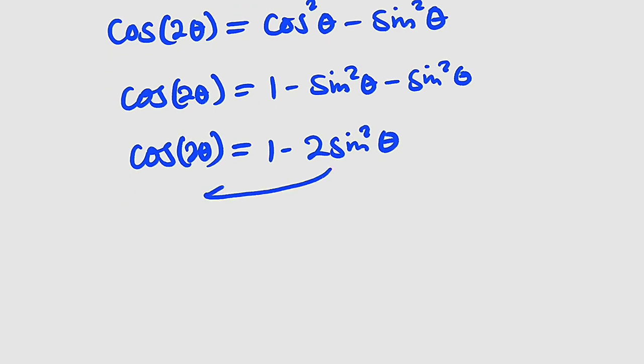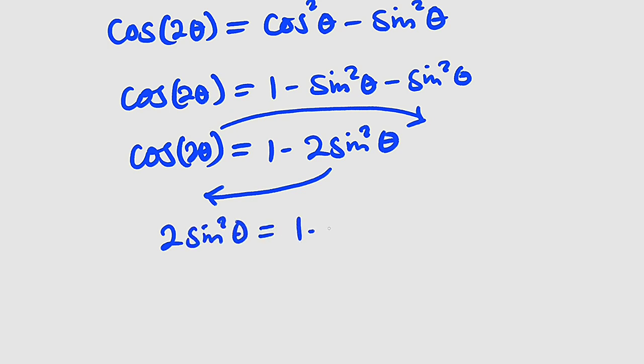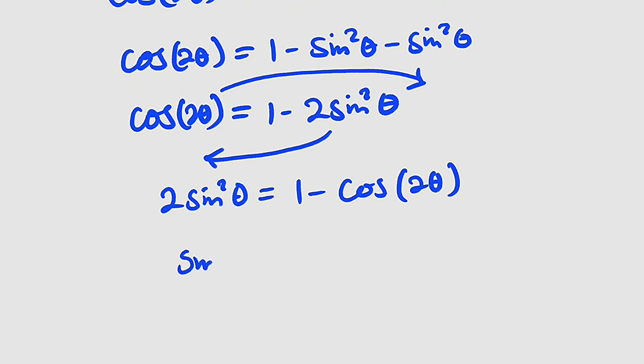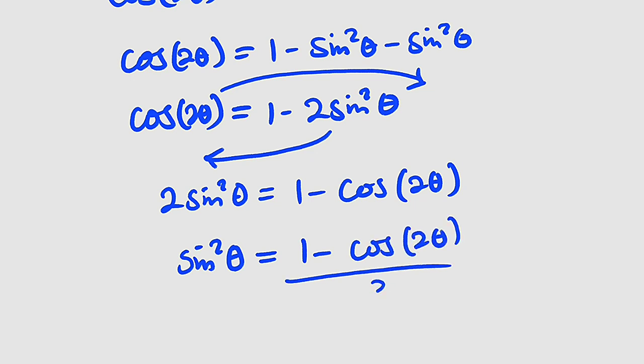You can bring this one to the left and take this to the other side. We have positive 2 sine squared theta equal to 1 minus cosine 2 theta. You divide by 2, we have sine squared theta equal to 1 minus cosine 2 theta divided by 2.